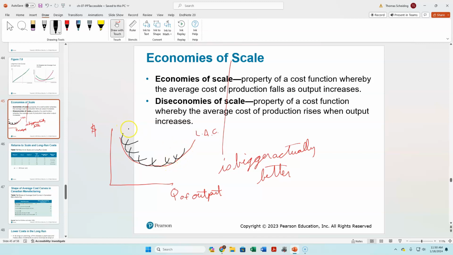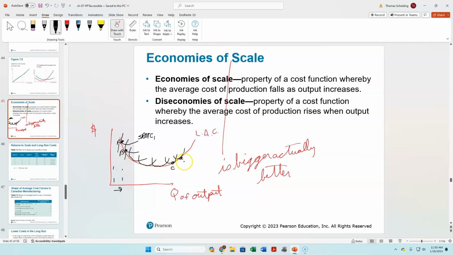And the question is, which short-run average total cost curve are we at? How big are we? Going from A to B, getting larger does in fact reduce costs.